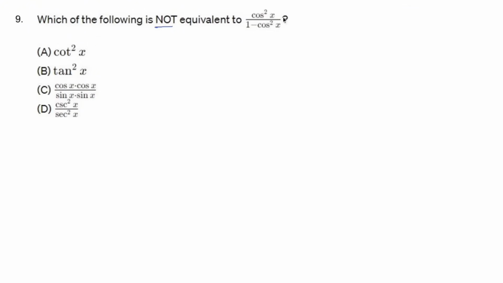Whenever you see a cos squared or a sine squared or a tan squared or anything squared, you want to think those Pythagorean identities. If I have cos squared x, I am thinking the Pythagorean identity that says sine squared x plus cos squared x equals 1. I really don't have that here, but you know what I do have?